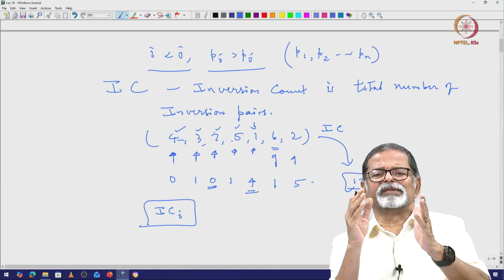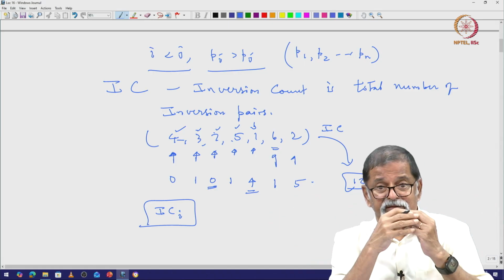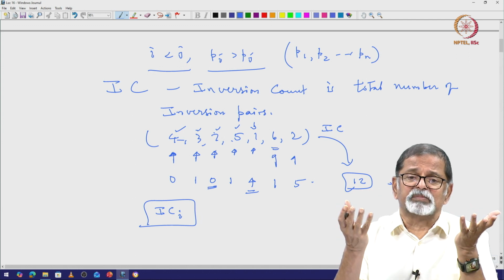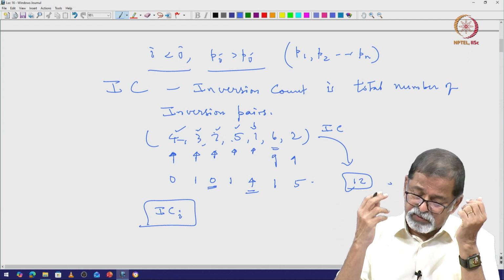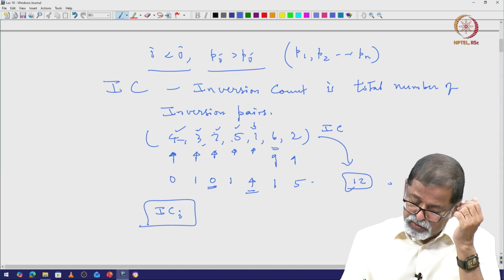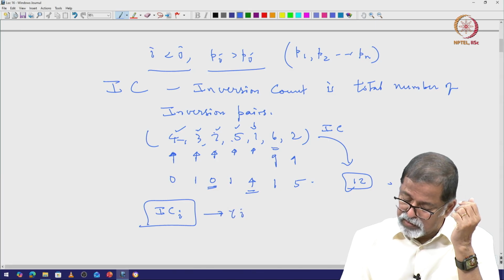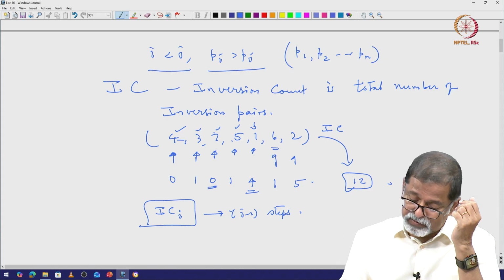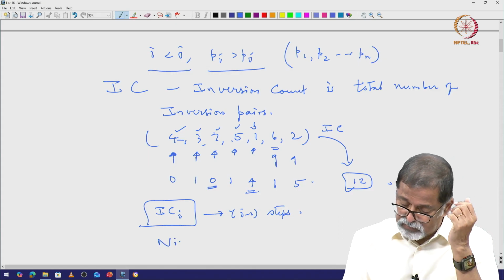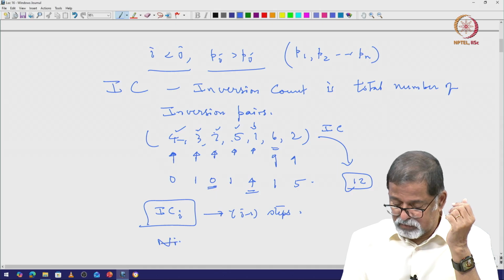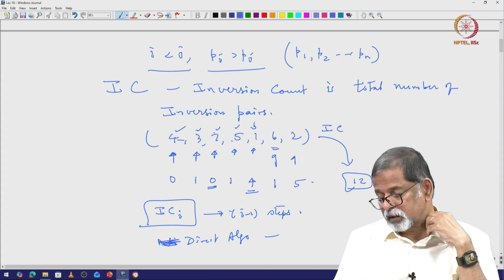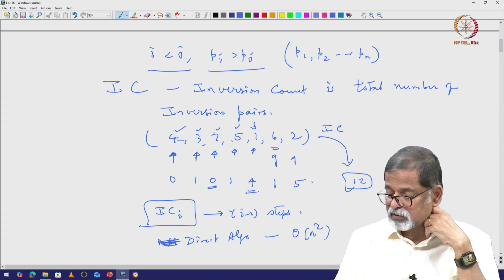So, the ith position will have a complexity of i minus 1. You have to scan all the i minus 1 positions, find out how many of them are larger. Therefore, computing the inversion count for position i takes i minus 1 steps. That means the naive direct algorithm will take order n square steps.